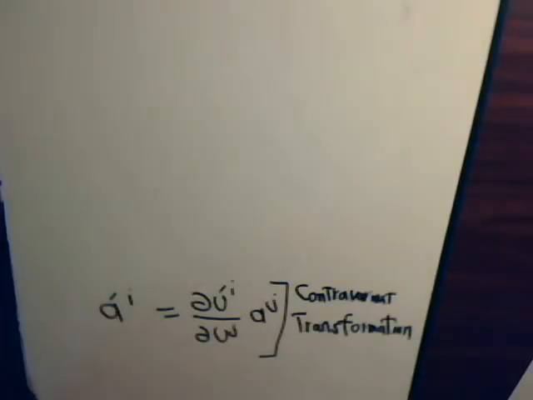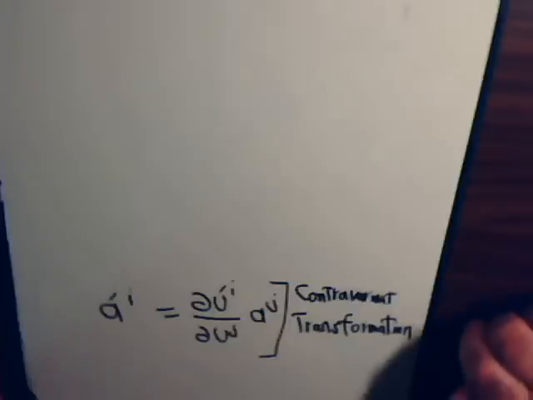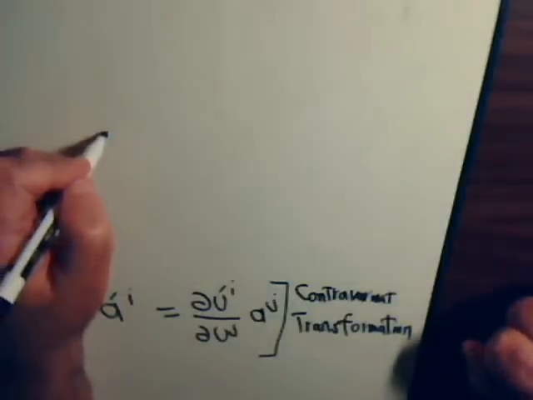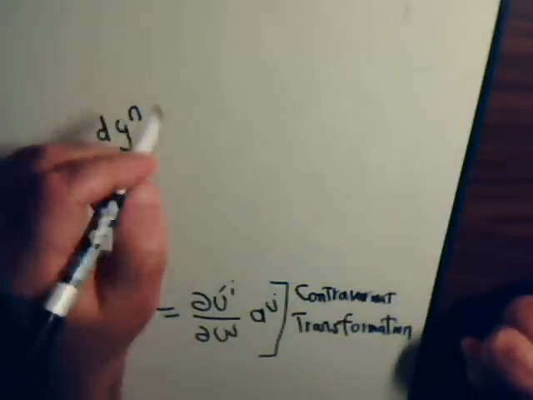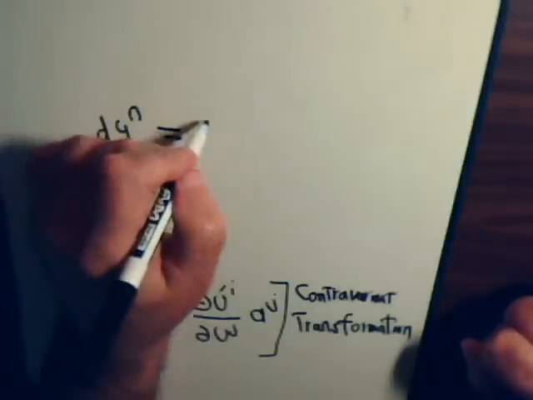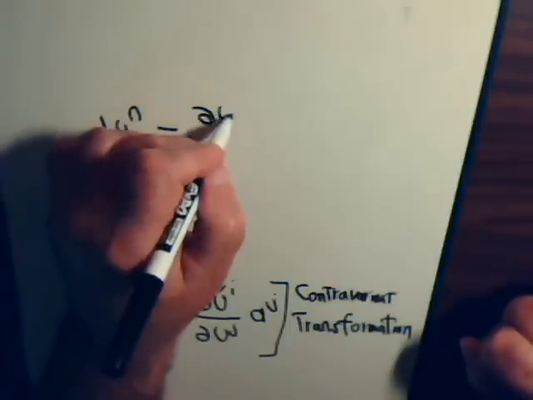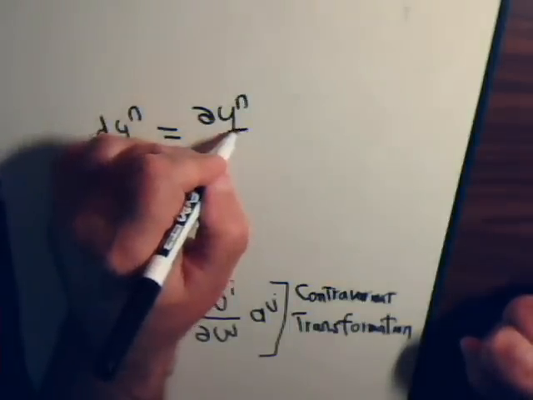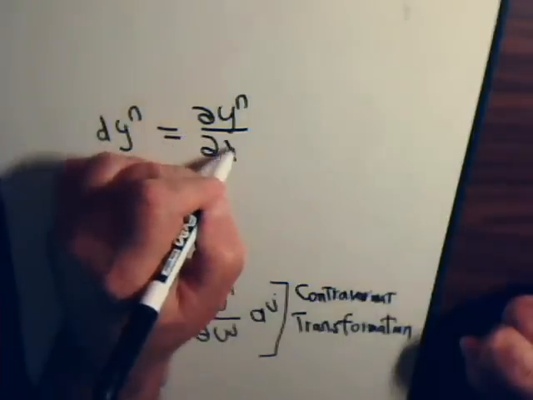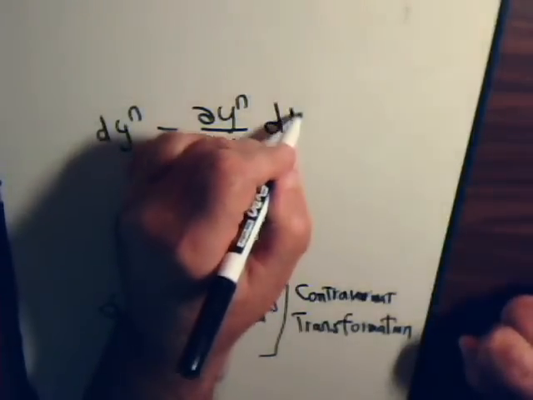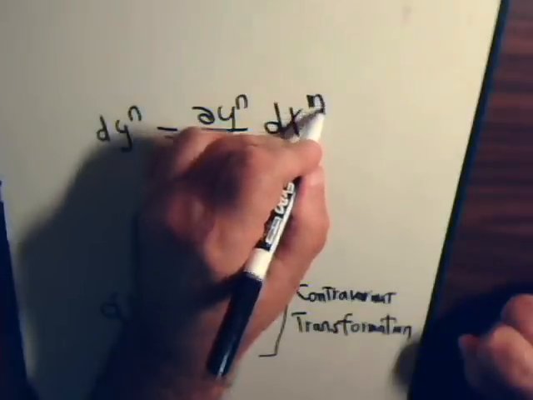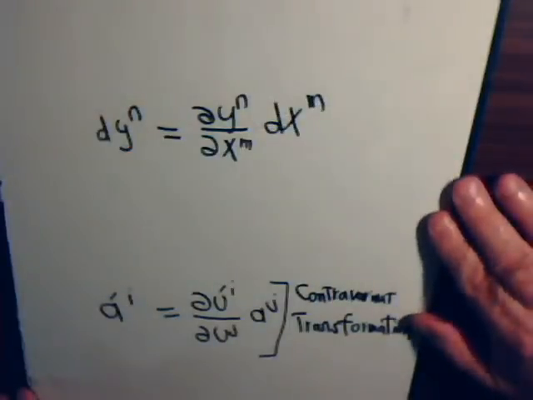And what we showed in the very first video is that a displacement vector, its components, and this we established in video number 1, transform like this.